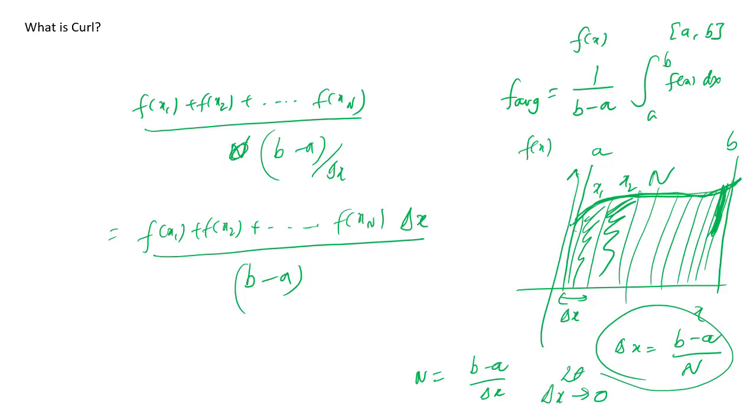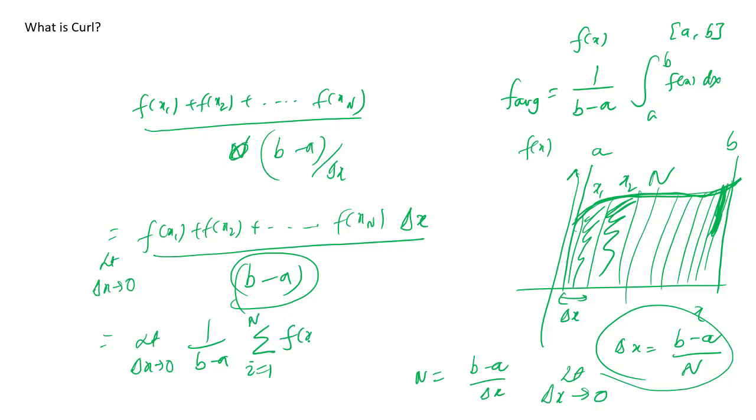So if I do this in the limit delta x tends to 0, this is 1 by b minus a, and a summation of i going from 1 to n of f of xi, that is, we are summing over the value of the function in each of these tiny rectangles, and then multiplying with delta x.